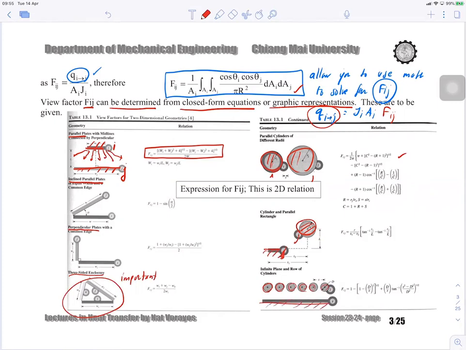How much does I radiate to J, because each of the cylinders emits energy out. This is for drying process application.